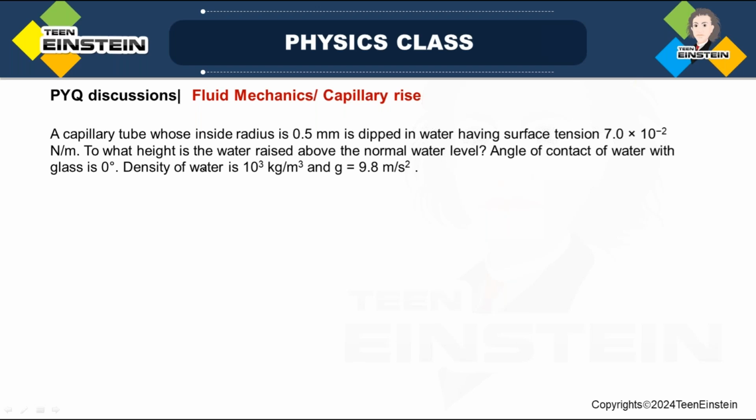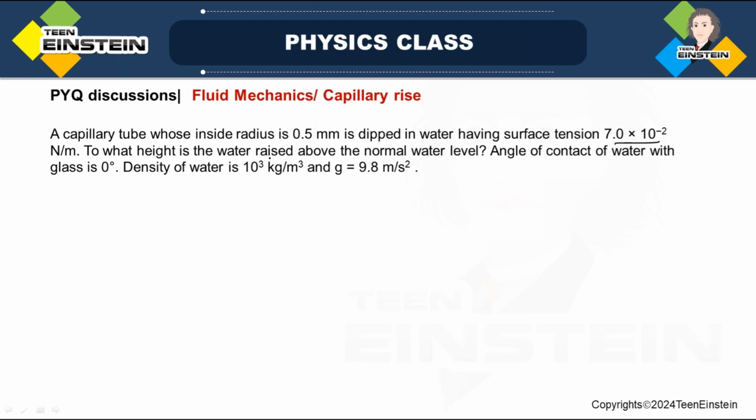So the first question is this one. A capillary tube whose inside radius, that means inner radius, is 0.5 millimeter is dipped in water having surface tension 7.0 × 10⁻² Newton per meter.